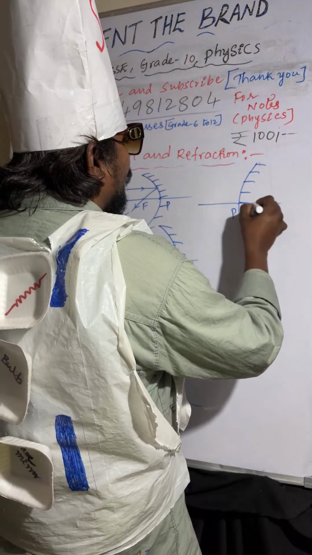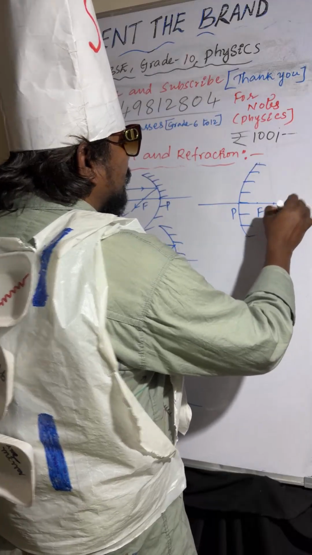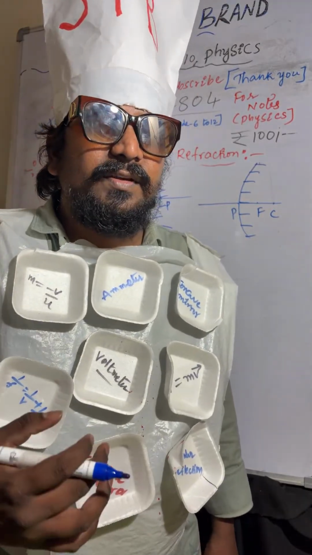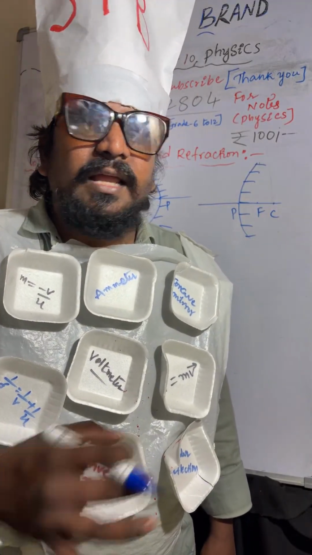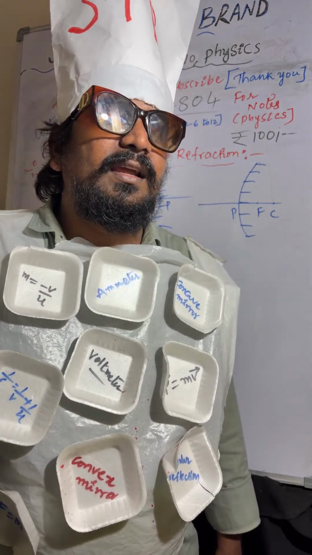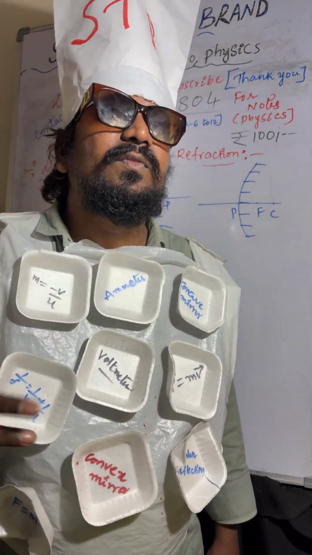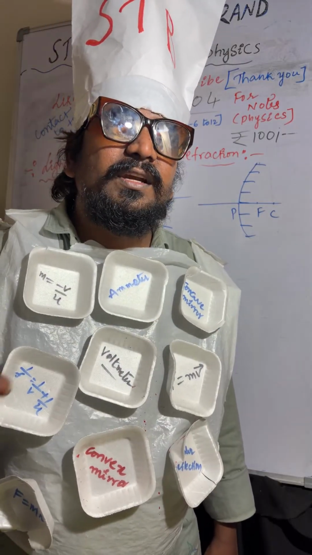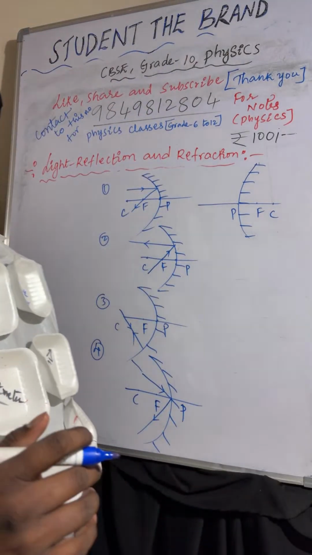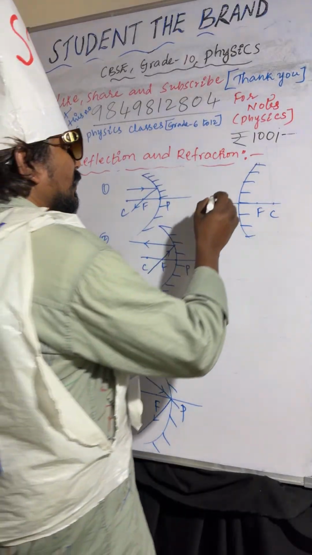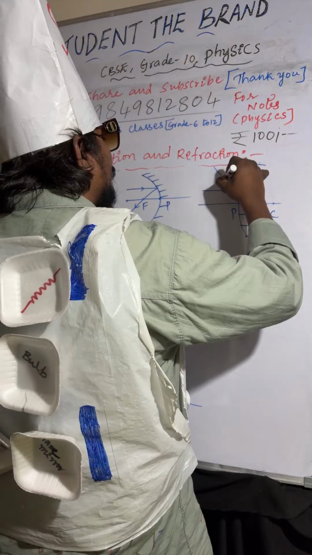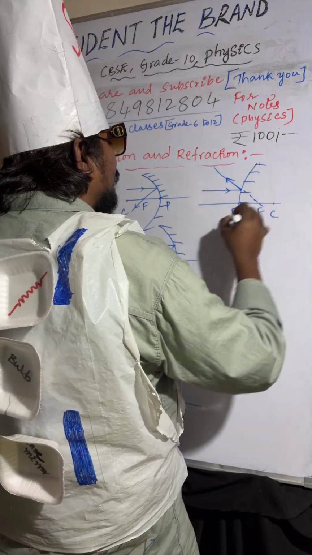Pole, focus, and center of curvature. A light ray coming from infinity, after reflection passes through focus. It passes through focus.